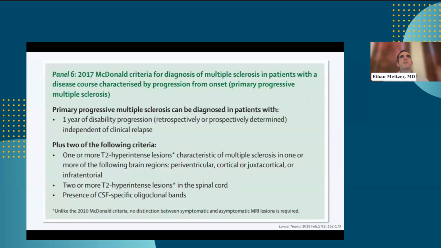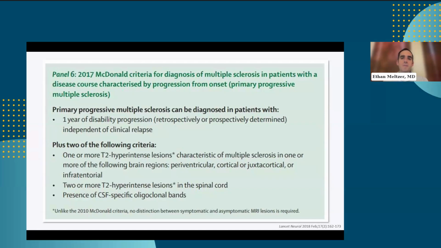In this case, especially since he had never had something that seemed like a typical clinical relapse, we're really operating in the realm of progressive MS, and that's always a little bit tricky. In the 2017 criteria, individuals need to have progressive disability independent of clinical relapse, which makes sense, plus 2 out of 3 of the following criteria.